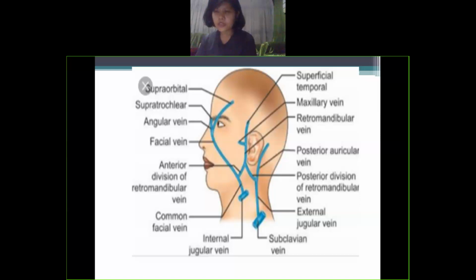Okay, and next is the superficial temporal vein. This one, the superficial temporal vein. Here, mostly the venous blood that is coming from the forehead, this is your forehead, scalp, this portion, enters the parotid gland. The parotid gland is here.